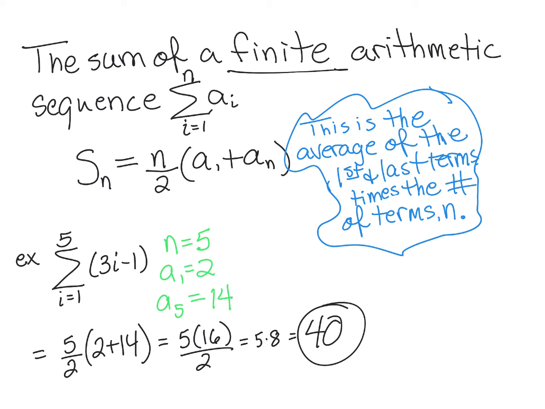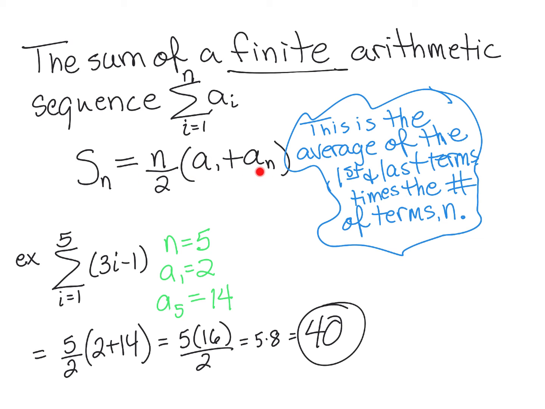Now, if this is a finite number, in other words, not infinity, then I can find the sum of those n terms by using this formula. It's the first term plus the last term, and I always look at this as it being averaged, right?